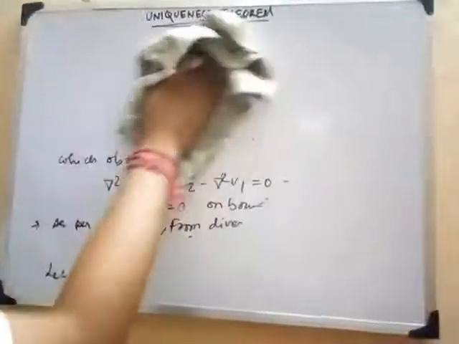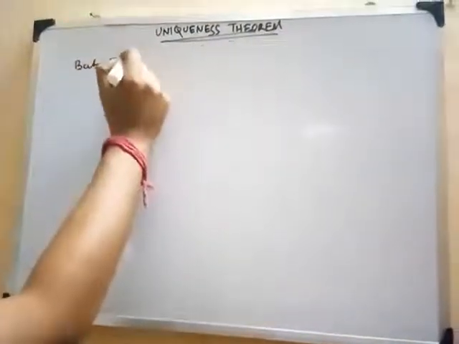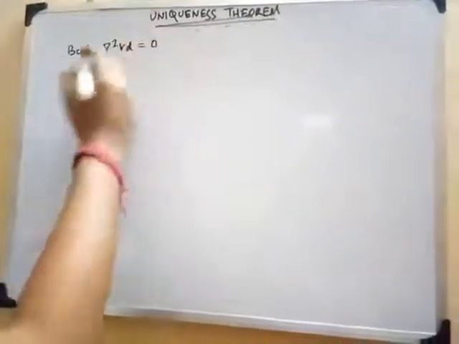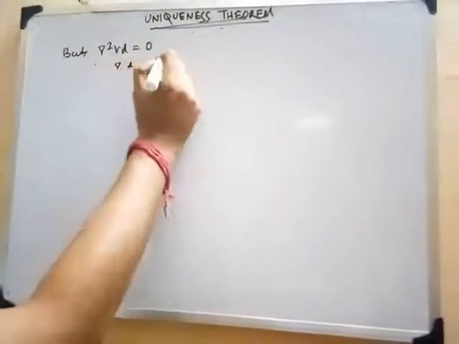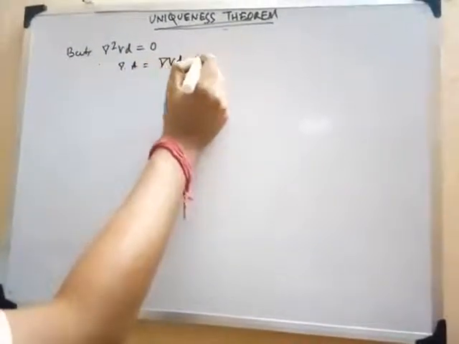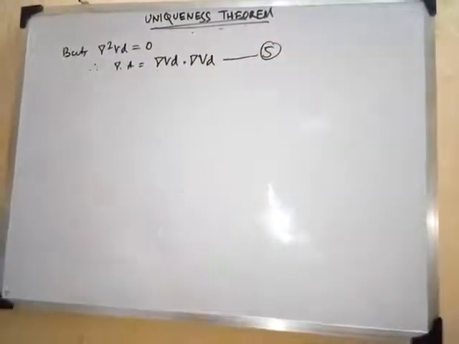So remember these equations. Now we have got this expression of del dot A, but we know that del square Vd is equal to 0. Therefore we can write del dot A is equal to del Vd dot del Vd. Let us take this as our equation number 5.